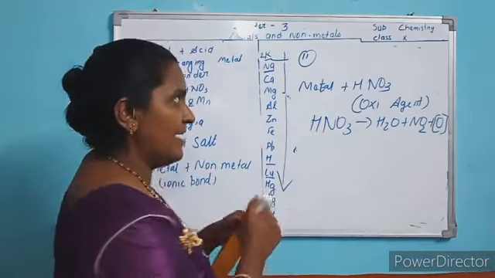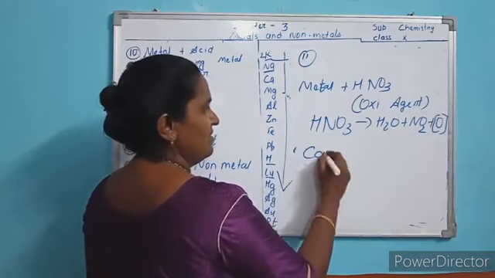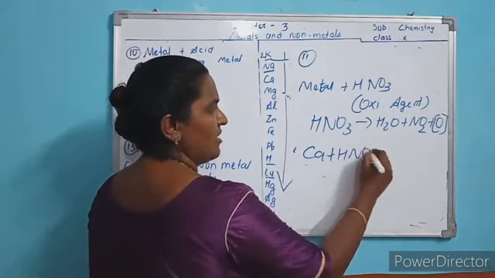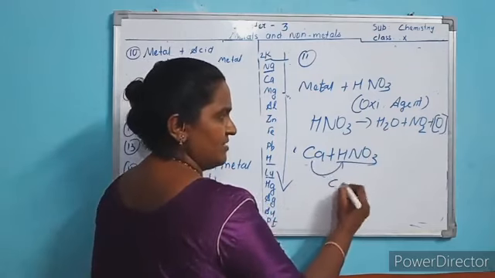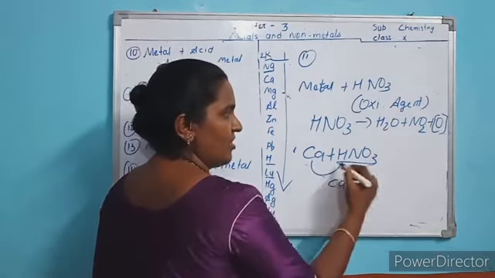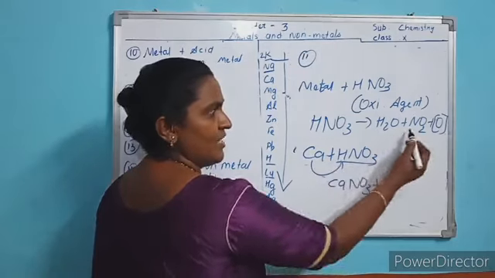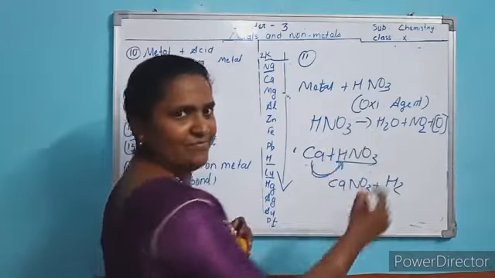So when you add this nitric acid to metal, what will happen? You will get salt, and actually you would get hydrogen because the metal displaces the hydrogen.